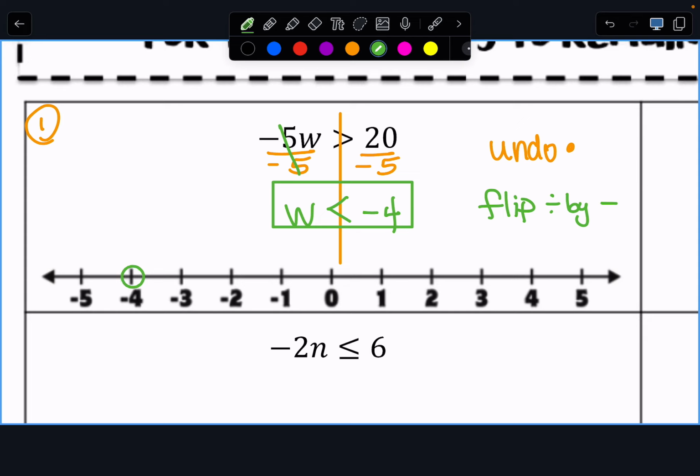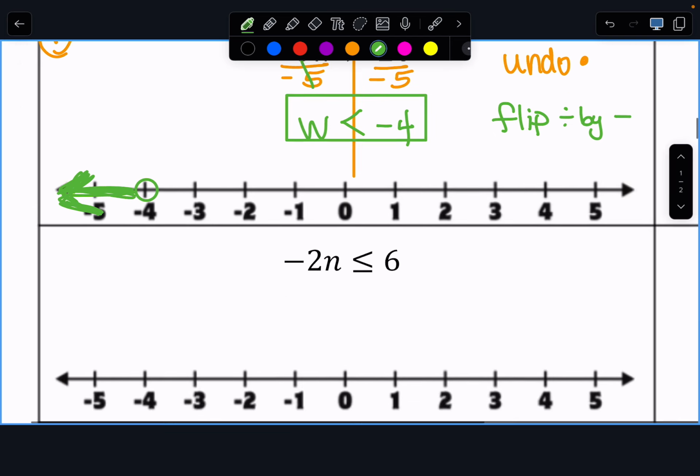All right. Carly, do we go to the right or to the left? Are we going to color to the right or to the left? To the right. So if W is less than -4, wait, no, I didn't see the new sign. The new sign tells us we need to go to the left. Okay. All right, I would like you to do number 2.